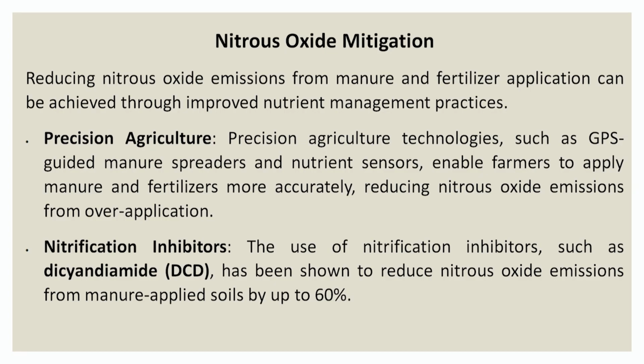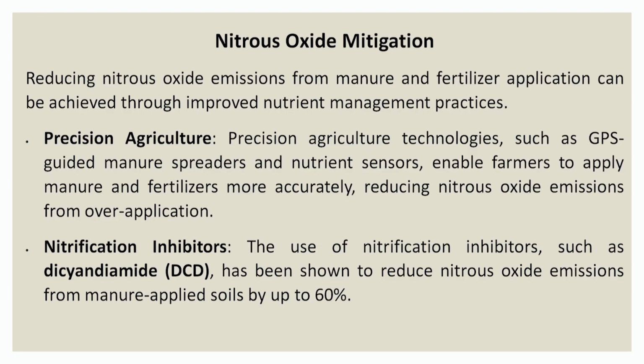We have already understood how methane can be reduced by the use of feed additives, but the mitigation of nitrous oxide emissions from manure and organic fertilizers can be achieved through efficient nutrient management practices.